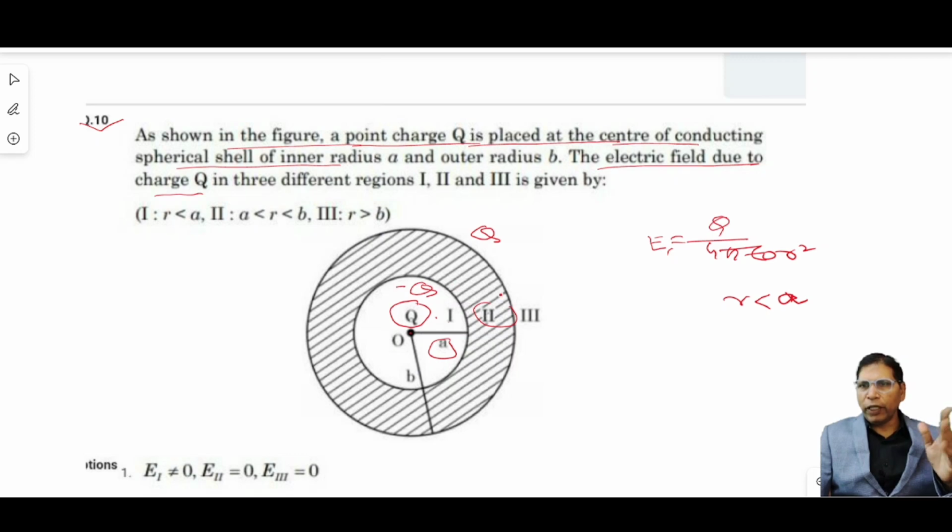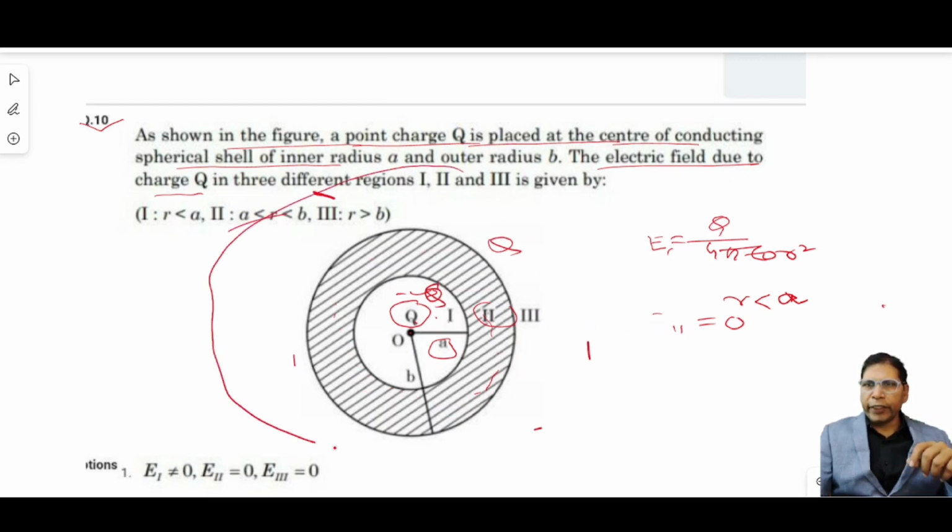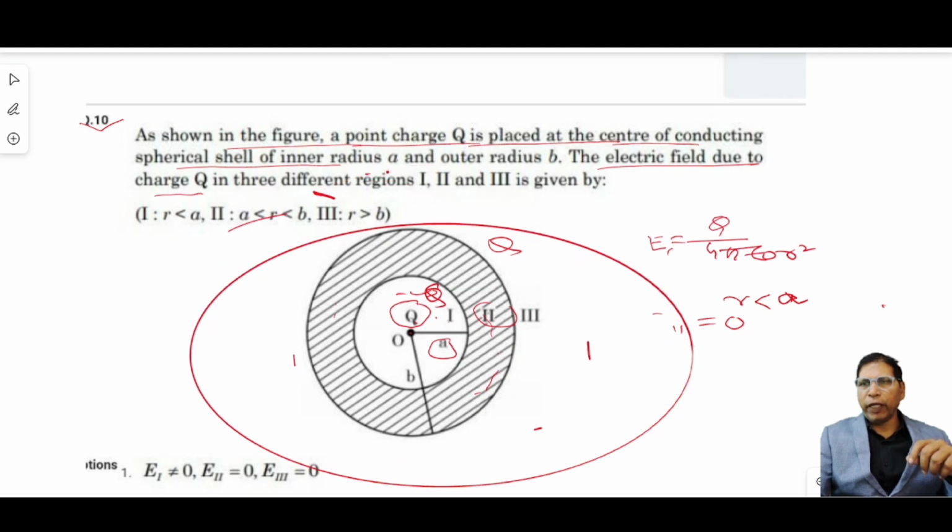Now the electric field in region 2. In this region, if a Gaussian surface is considered, the charge within the Gaussian surface is Q minus Q equal to 0. So the electric field in region 2 is equal to 0. And outside this region, the charge enclosed is Q minus Q plus Q, which is not 0.